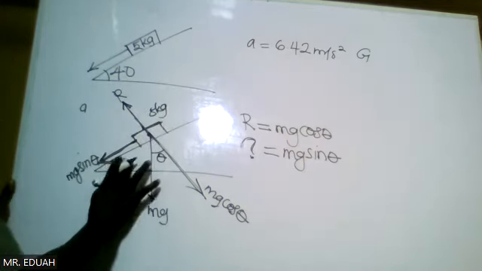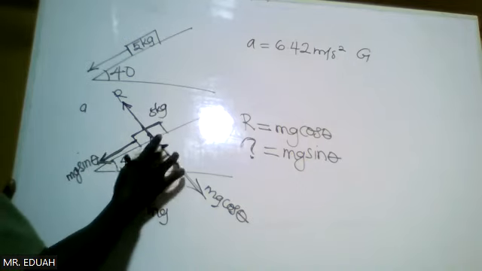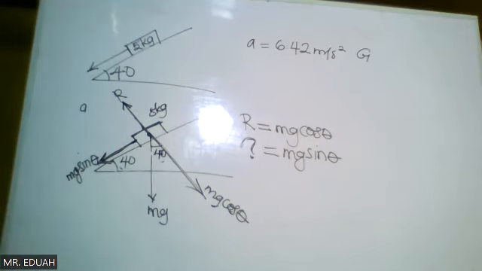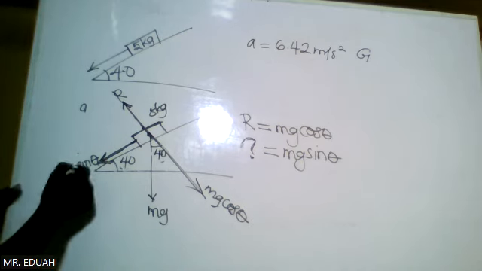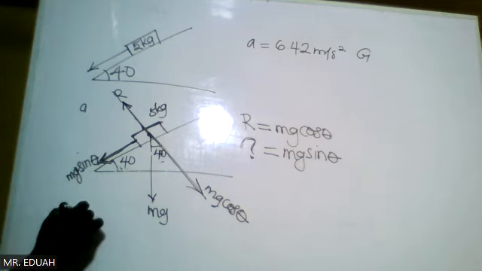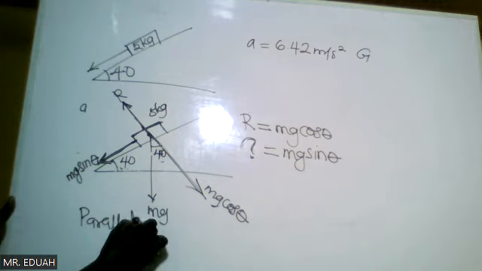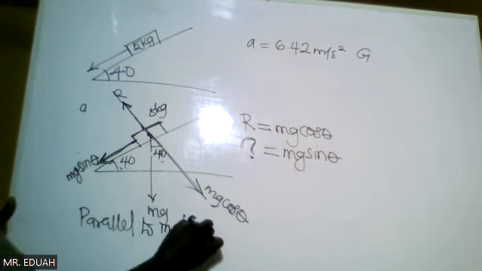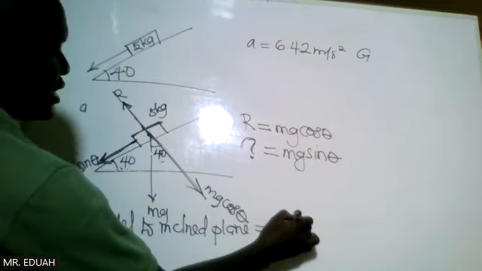The angle of tilt is 40. So this is 40, meaning this is also 40 degrees. Once this is 40, we can easily find the component of the weight which is parallel to the inclined plane, given by mg sine theta.